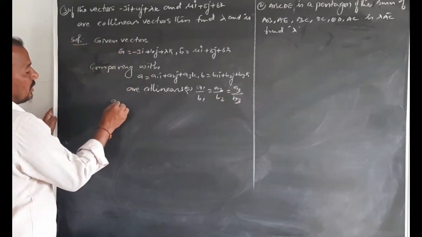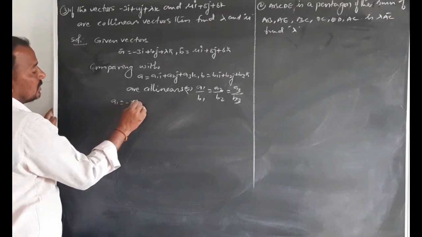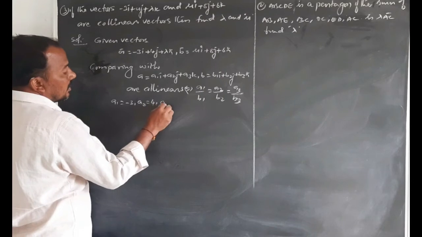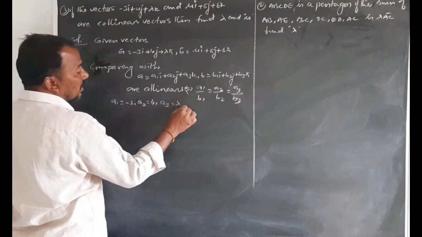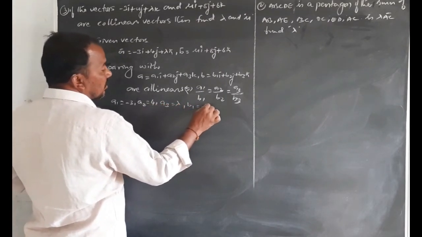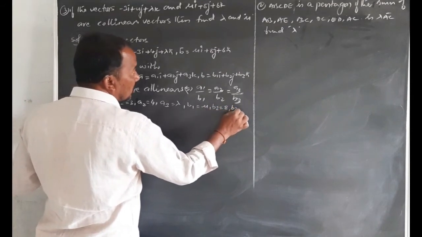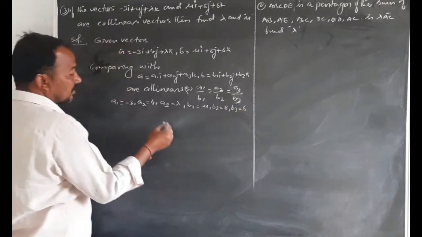Here A1 equals minus 3, A2 equals 4, A3 equals lambda, B1 equals mu, B2 equals 8, B3 equals 6.